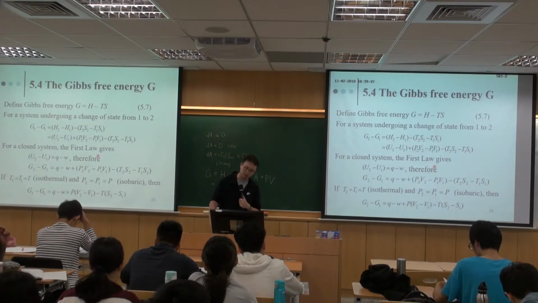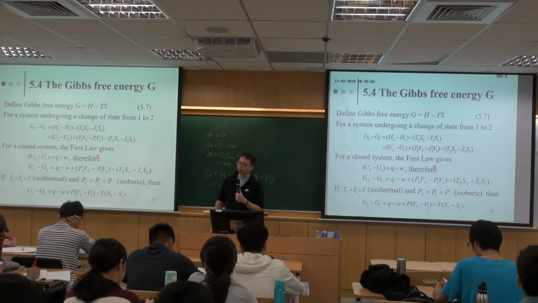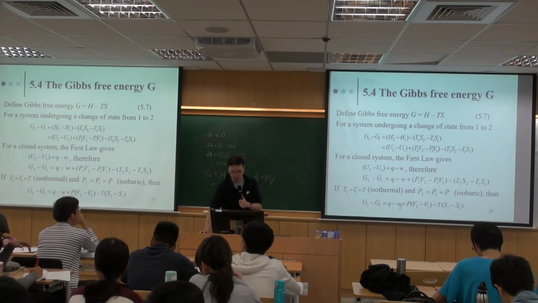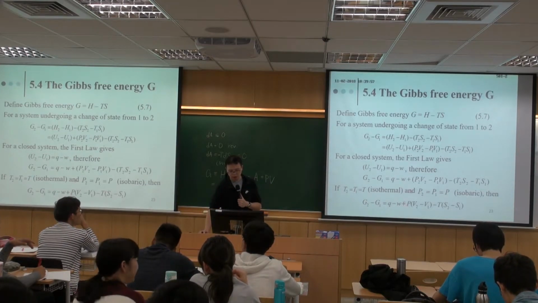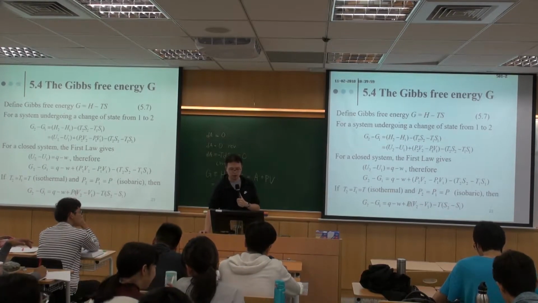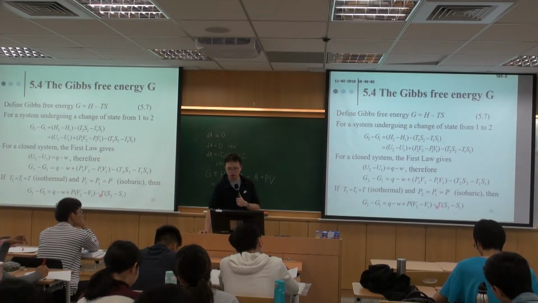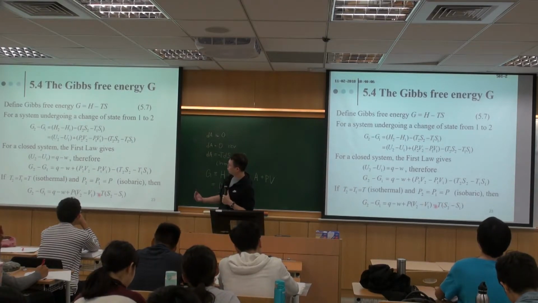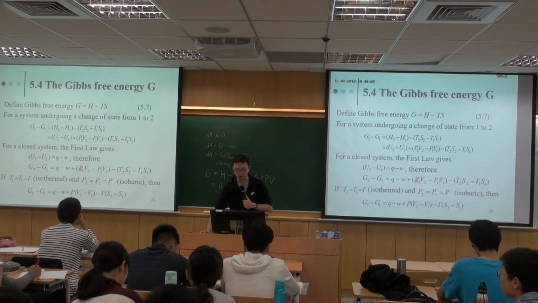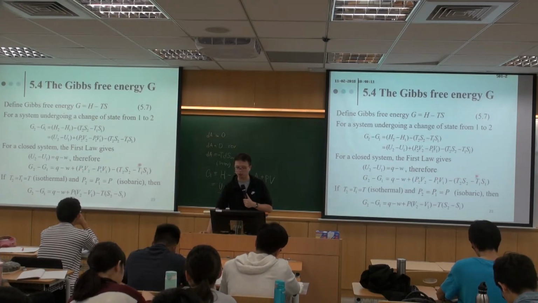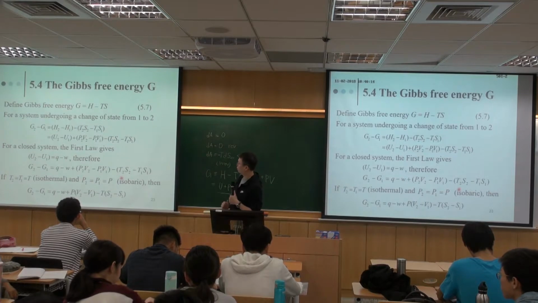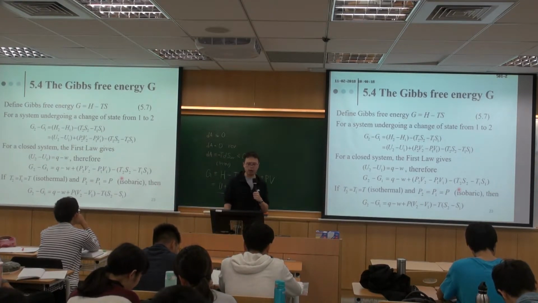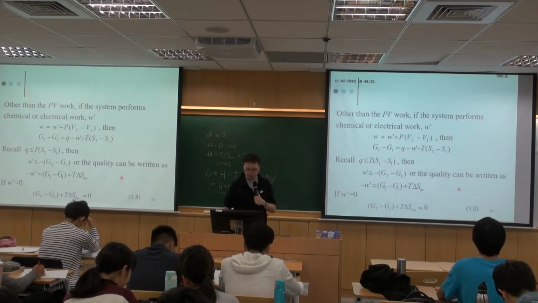So it's isothermal and isobaric. Then the change of Gibbs free energy is the change of internal energy plus P dV, the PV work, and you also have this T delta S. Because when temperature and pressure are fixed, P2 is the same as P1, and T2 is the same as T1, you can bring these two terms out from the parentheses. Therefore, you have this kind of expression.